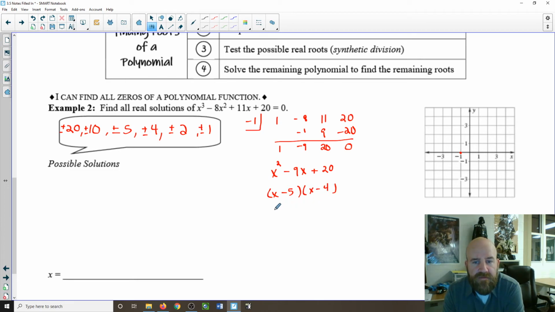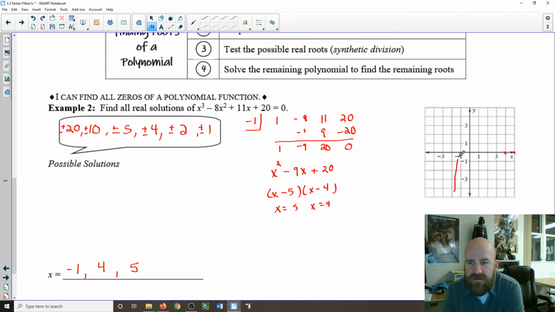So we have intercepts at 5 and 4, along with our negative 1 that we found up here. So we have a 4 and a 5, and later on we'll learn how to graph based on some other key information in the function. So we can list out our zeros down here, negative 1, 4, and 5.